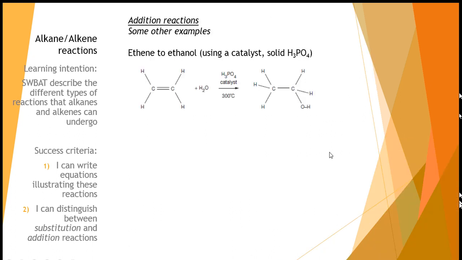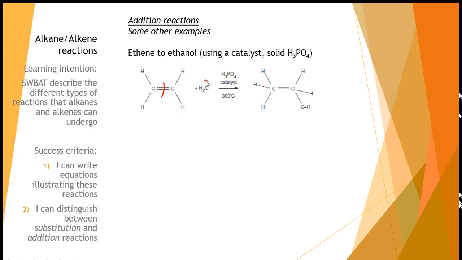So addition. Addition can also happen not just with bromine, but also with water. And this is where we get our good friend ethanol. When we react water with any double bonded hydrocarbon, particularly ethene, you need a catalyst. H3PO4 is phosphoric acid. Phosphoric acid is the catalyst, and at a certain temperature, 300 degrees, which is really warm, the water breaks into its constituent parts and adds to ethene.